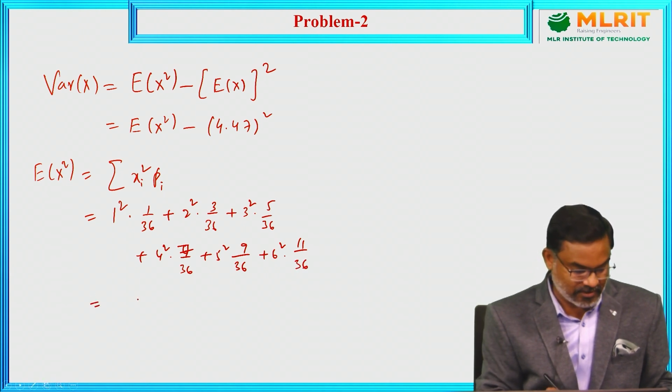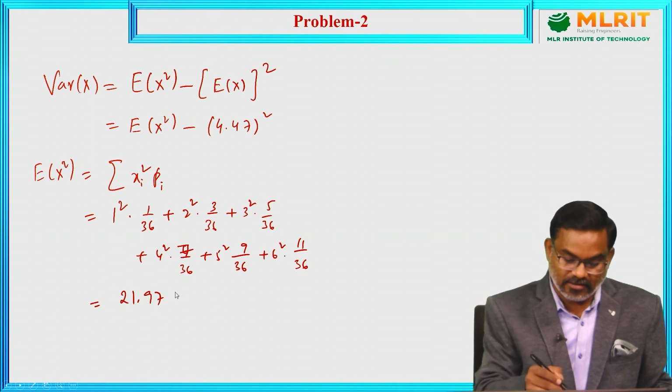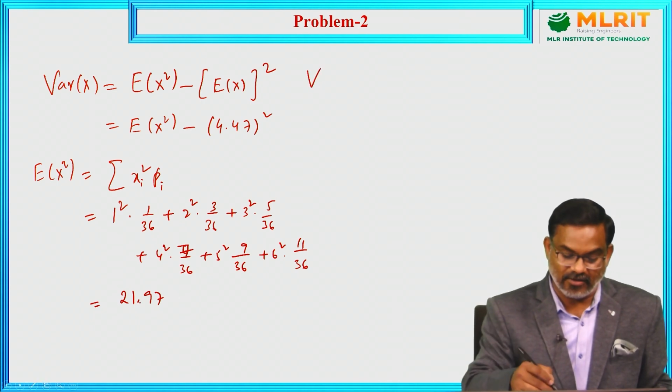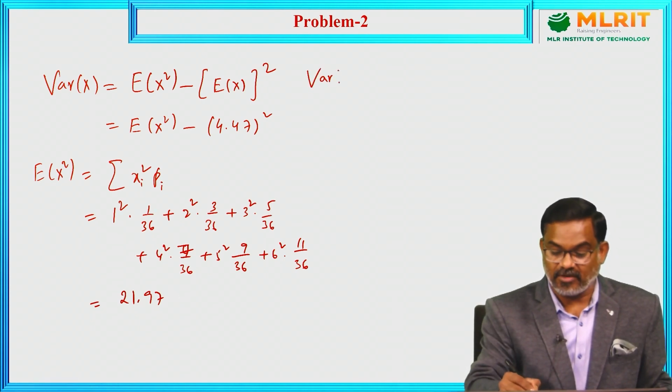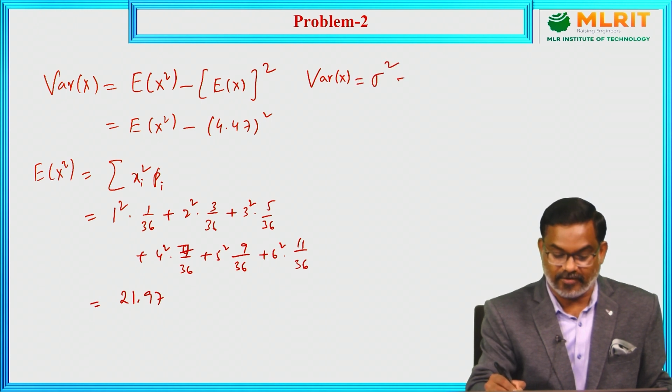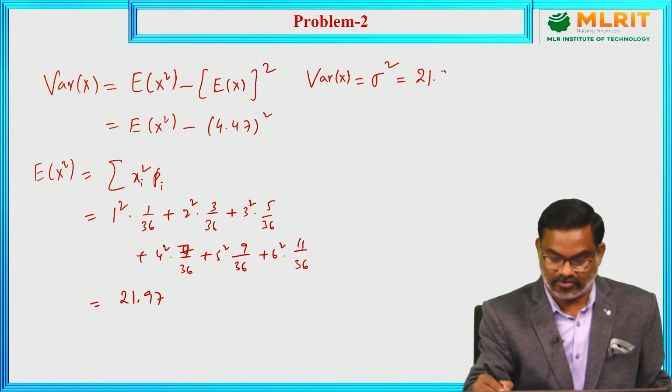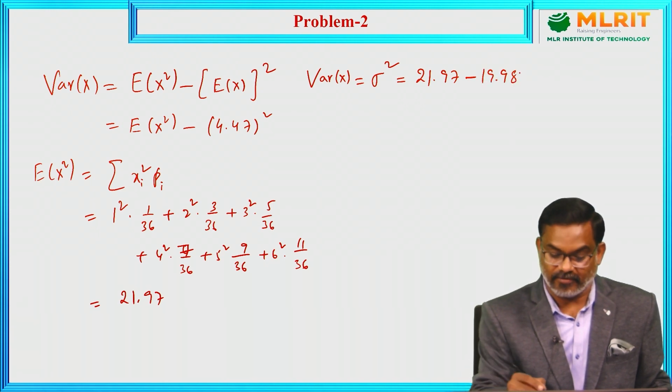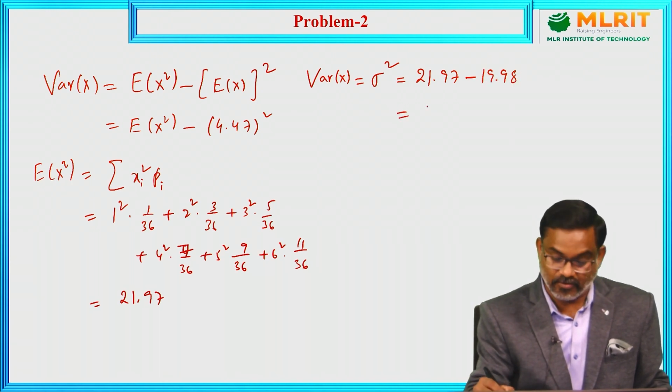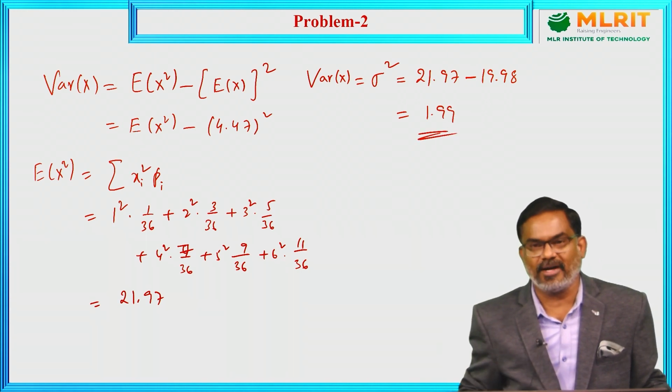This value results as 21.97. Substituting this in the variance of x, sigma square, which is expectation of x square minus 4.47 whole square, results as 1.99.